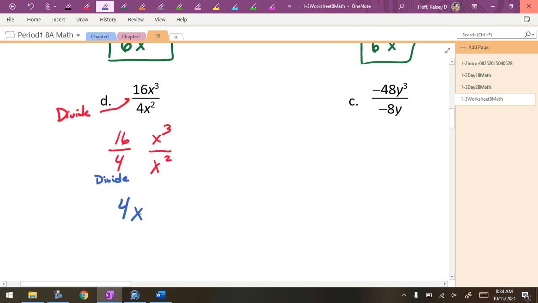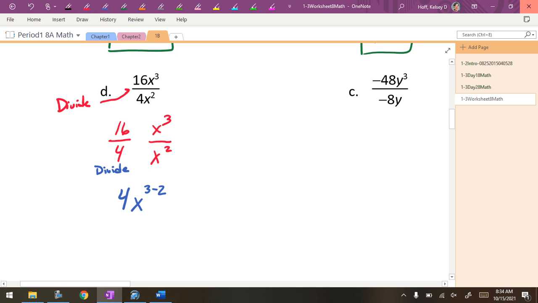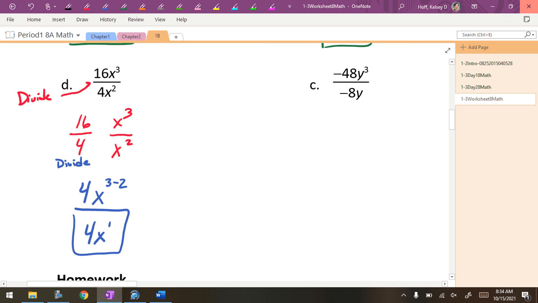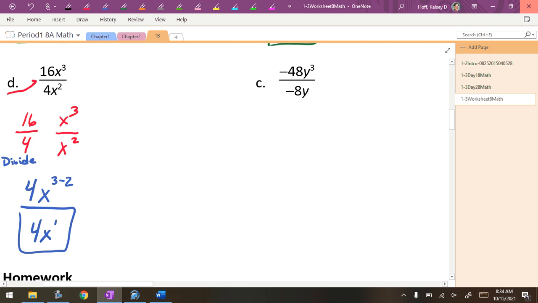Subtract the top one first. 3 minus 2. Your final answer, 4x to the first. Okay? You guys try C and D. Do the same thing.